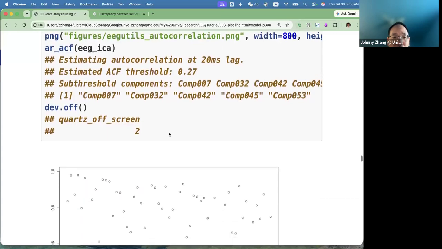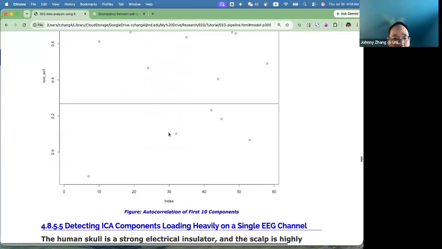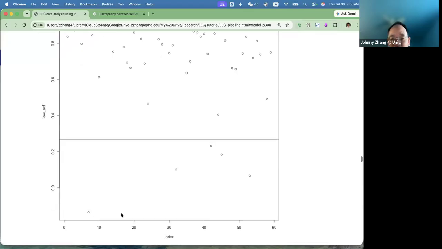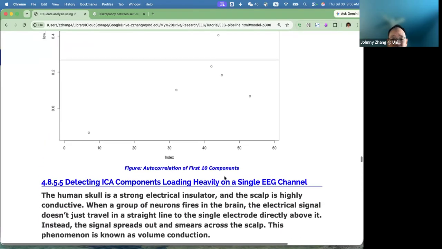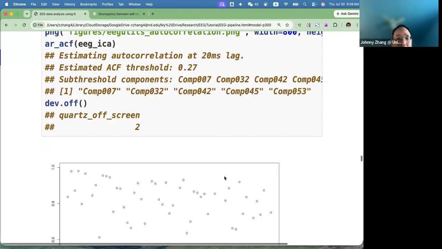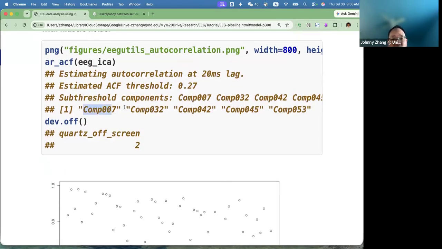Here I calculate the autocorrelation at lag 20 for different electrodes or channels. You can see there are several channels, several components, 7, 32 and 42.